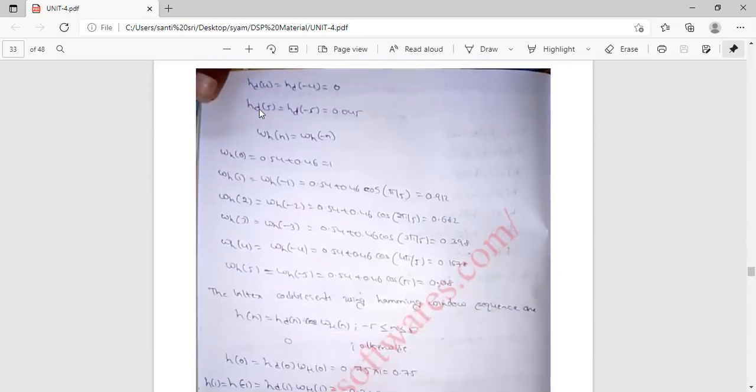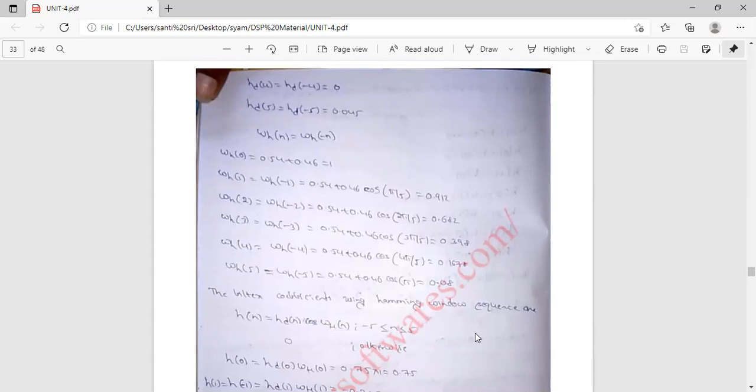Finally, we will substitute these values in the window sequence WH of n, so that we get WH of 0, WH of 1, WH of 2, WH of 3, WH of 4, WH of 5.